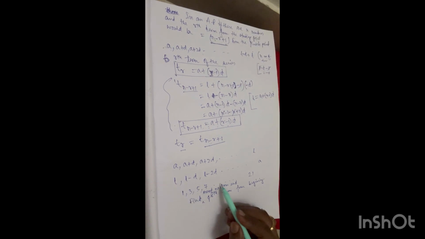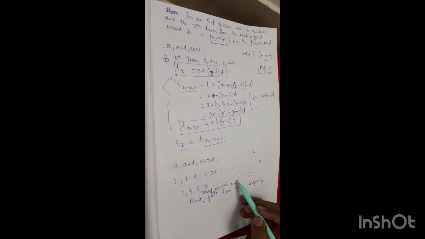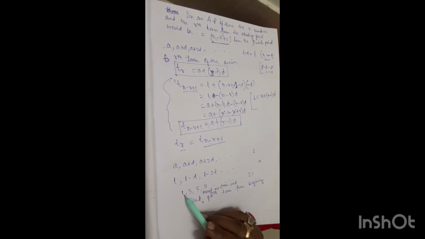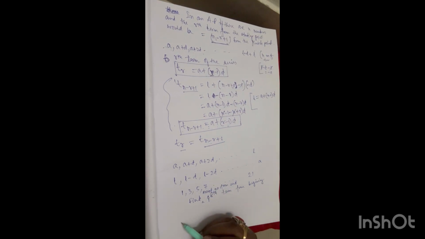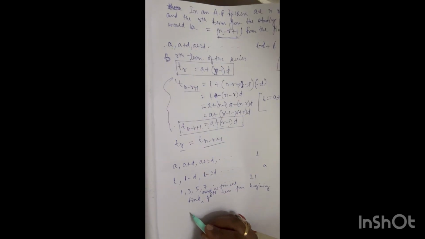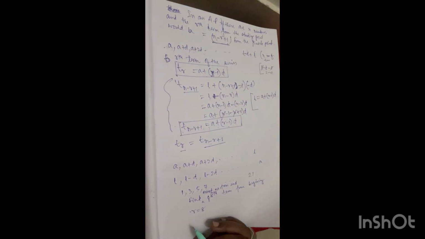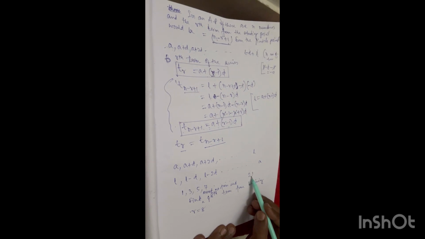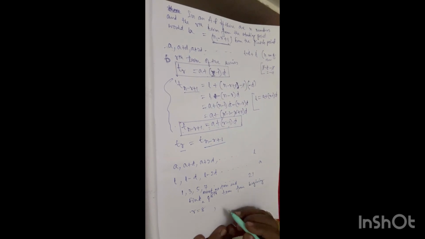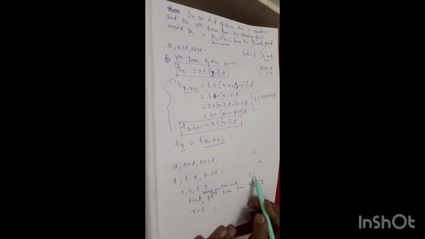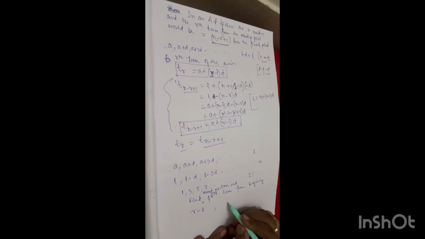So if I consider the 8th term from the beginning, R is equal to 8 here, so from the last, what would be the number? Here you can see the total number of terms you don't know. So first thing we have to do is find the number of terms. How will you do that?